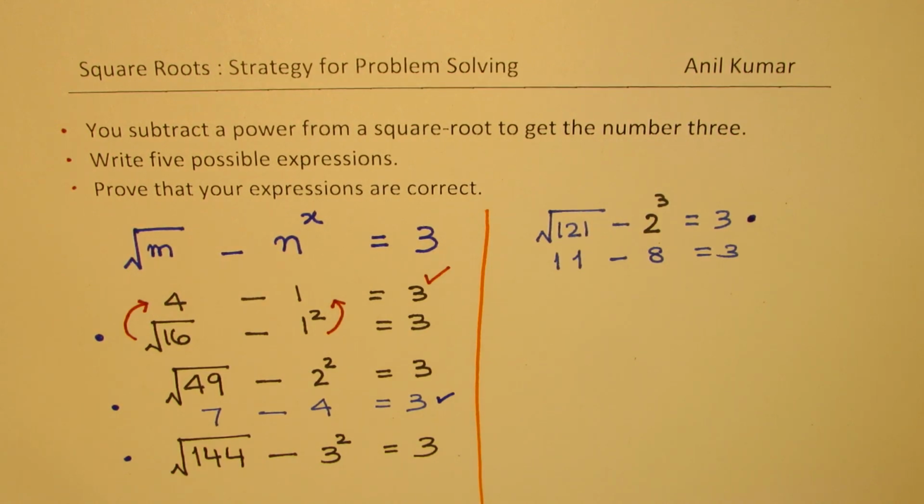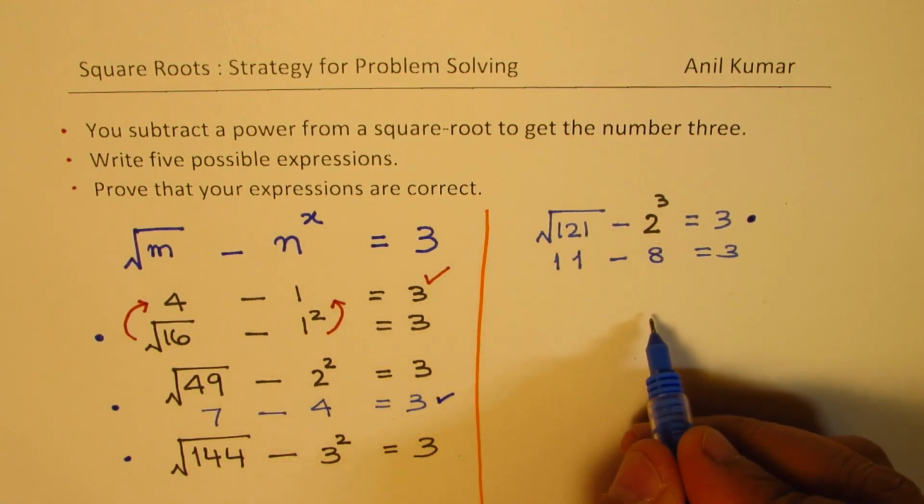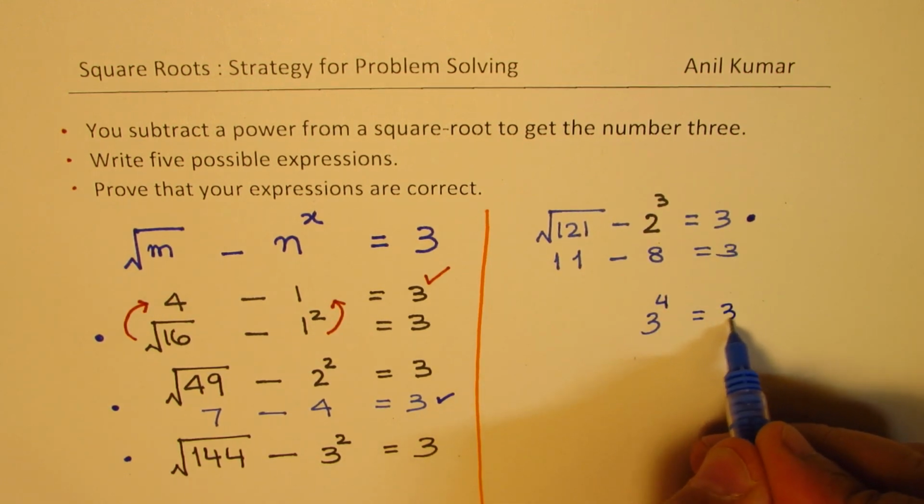Perfect. So likewise, you can see we can actually provide many examples with this strategy. Correct? For example, now if I have 3 to the power of, let's say, 4, and I want the result as 3.